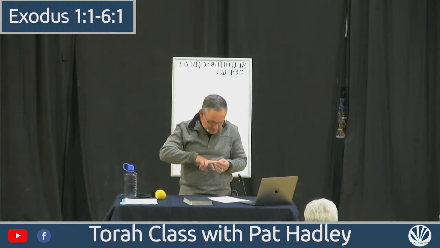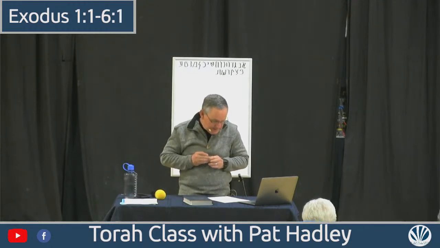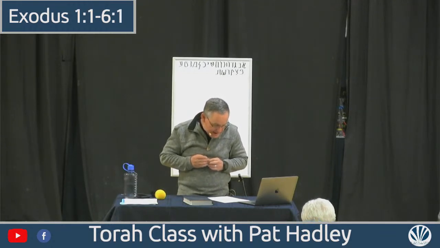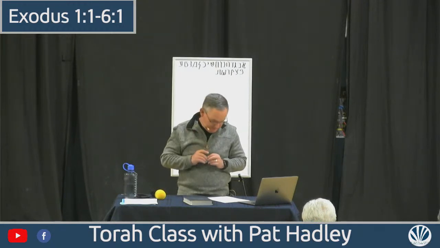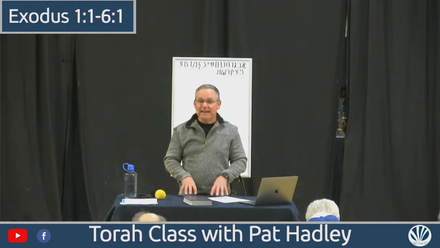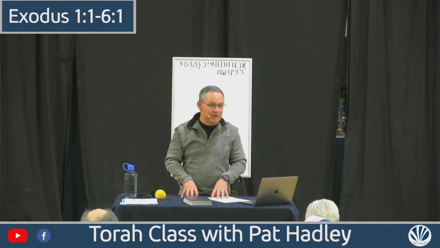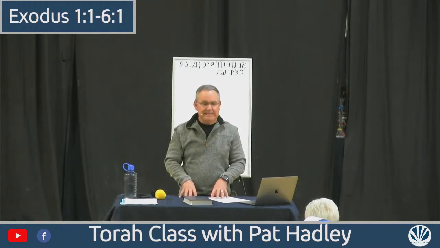Now, something else, just a little note, a tidbit. The names of the Pharaoh that are in the Exodus are not mentioned. Okay? There is a tradition that the Exodus happened during the reign of one of the Ramses.